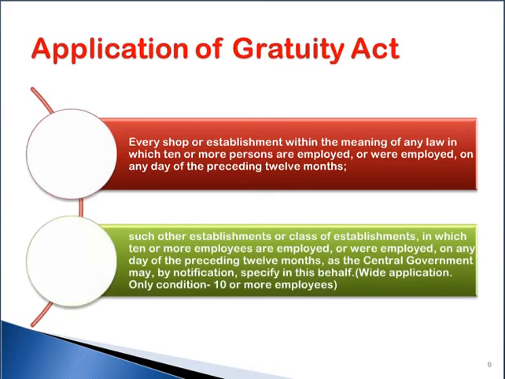It also applies to such other establishments or class of establishments in which 10 or more employees are employed or were employed on any day of the preceding 12 months as the central government may specify by way of a notification in this behalf. That per se means that all entities having 10 or more employees, if specified by the central government, shall be covered by the provisions of the Payment of Gratuity Act.